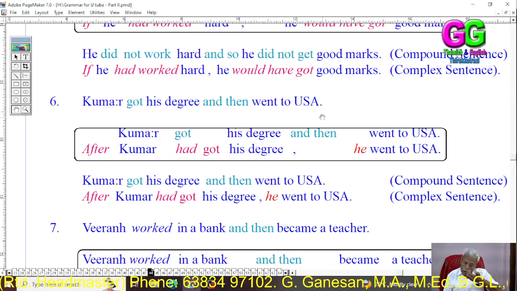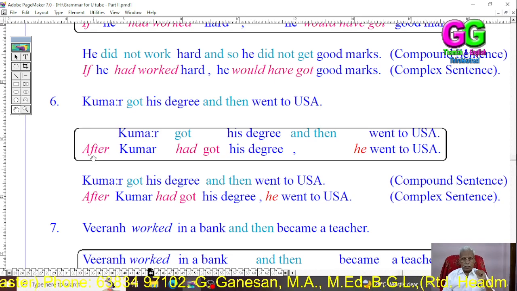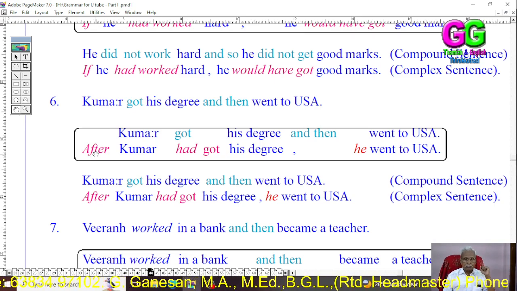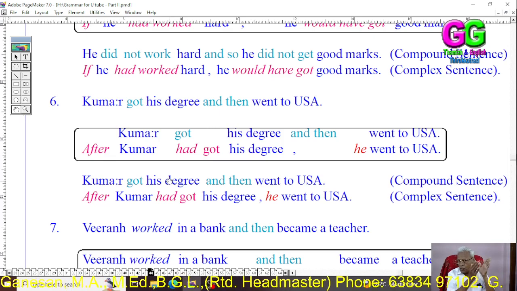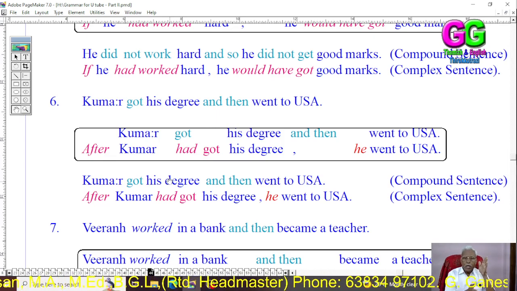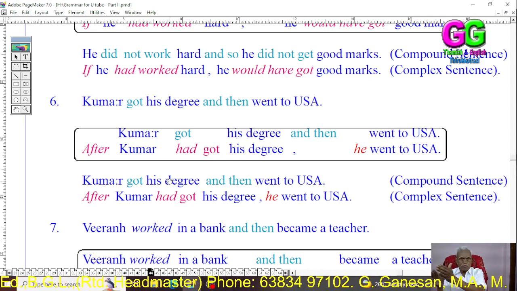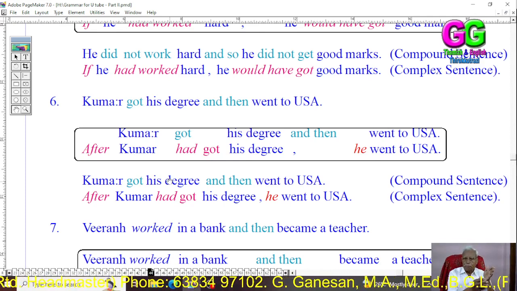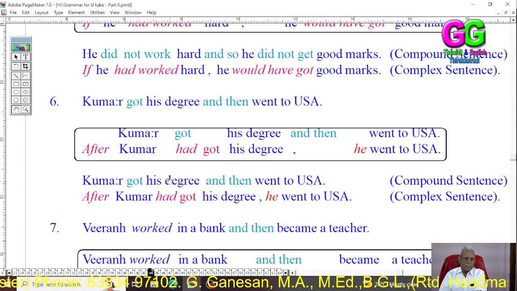But when we change it into a complex sentence and we use 'after', we should use past perfect in the subordinate clause. That is the first action. One action happened first, and the second action happened after some time. So we have to use past perfect for the first action and the simple past for the second action.